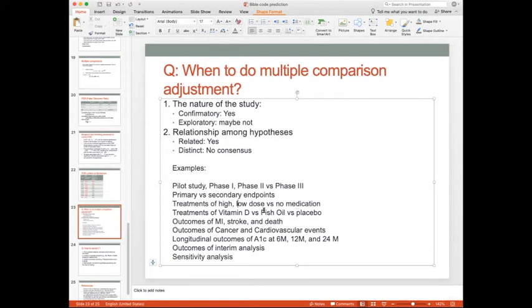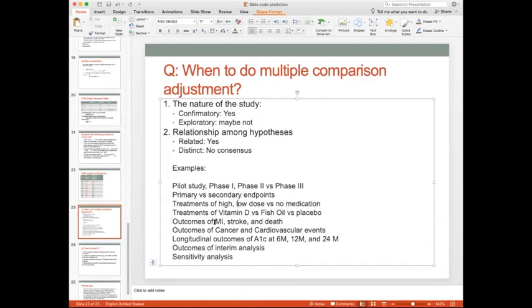But some people think that it's still in the context of multiple comparison problem, okay? But sometimes you can get away with not doing multiple comparison. This means that the vitamin D effect and fish oil effect probably have no relationship with each other.